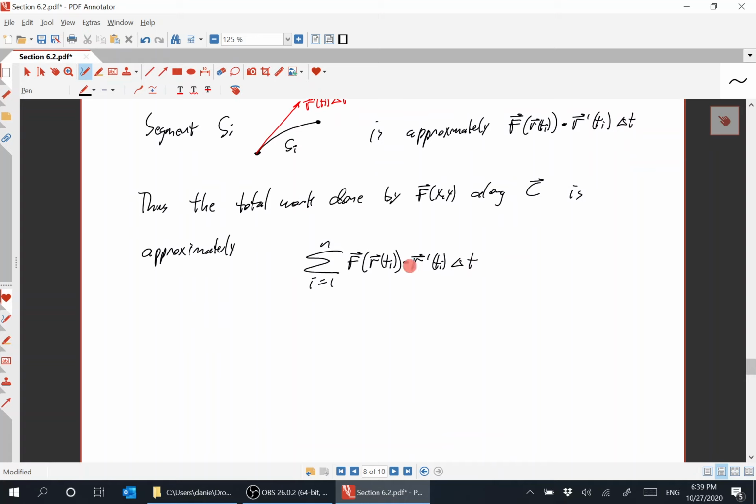Right, you just add up the approximate work done on each segment, and the approximation gets better as delta t goes to 0. In other words, as n goes to infinity.